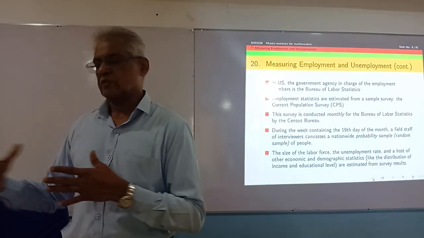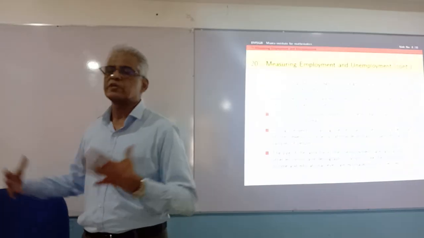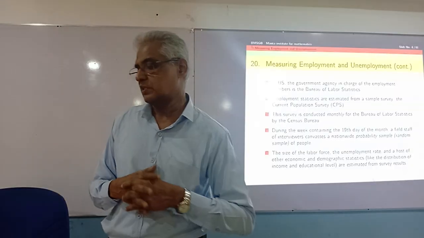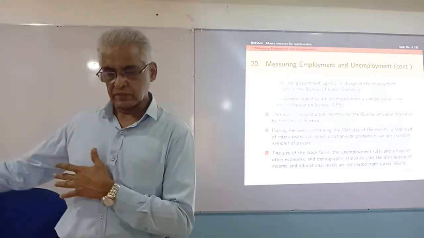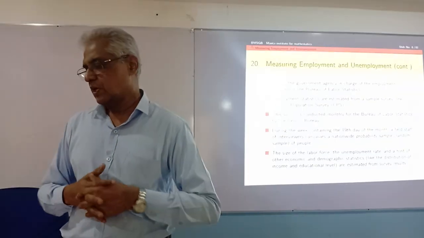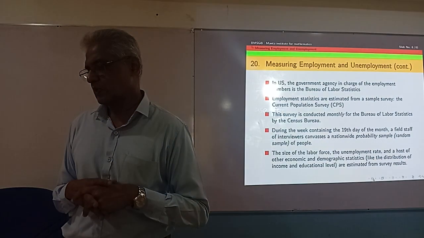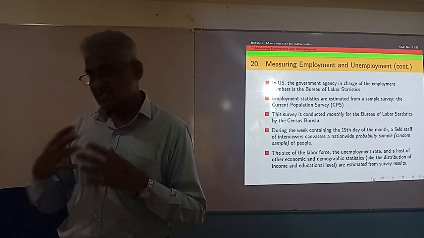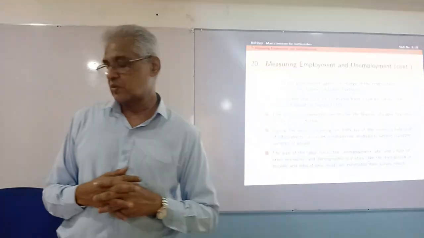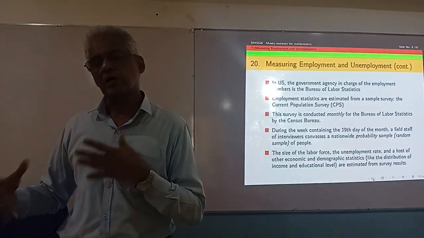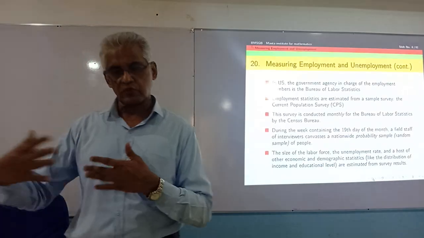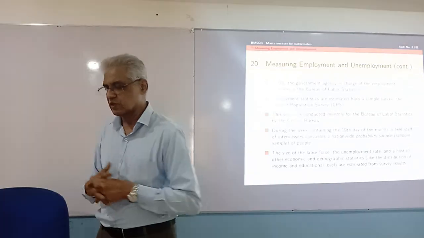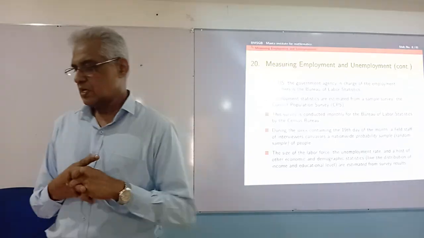It has broader objectives, not only estimating the unemployment rate but also some other quantities, therefore it's called the Current Population Survey. Employment statistics are estimated, so that's an important word. We are not actually calculating the real value, but getting an estimate, so there is bound to be some kind of error always.